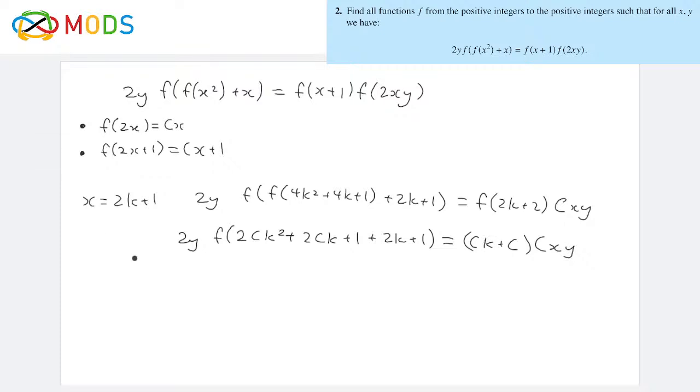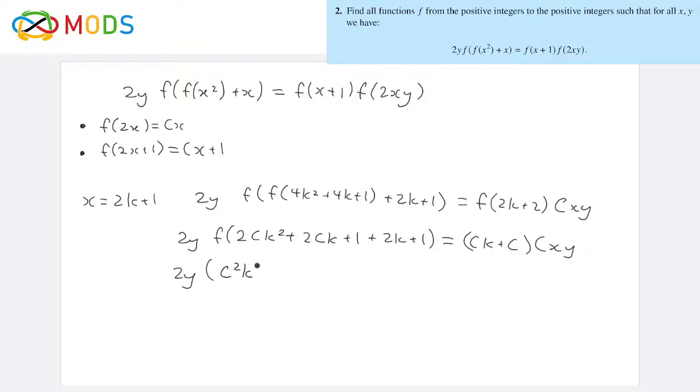And finally, we have 2y of... oh wait, this is even. Yeah, you have c squared.